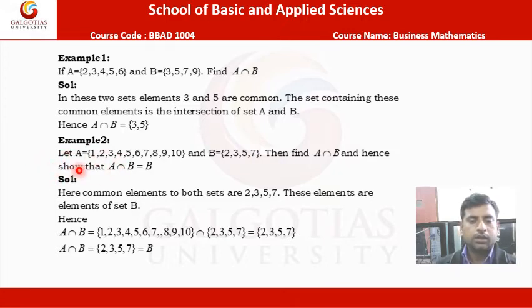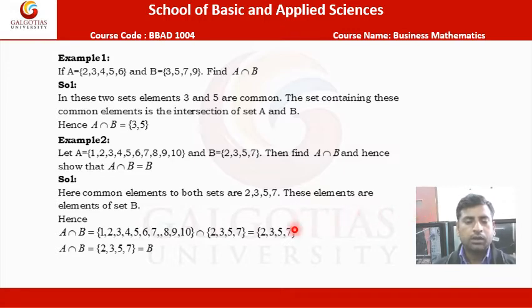Here is another example. Let A contain the elements from 1 to 10 and B contain the elements 2, 3, 5, 7. Then you have to find out A intersection B, and you have to show that A intersection B is equal to B. That means the intersection of A and B equals the set B. So the common elements of both sets are 2, 3, 5 and 7.